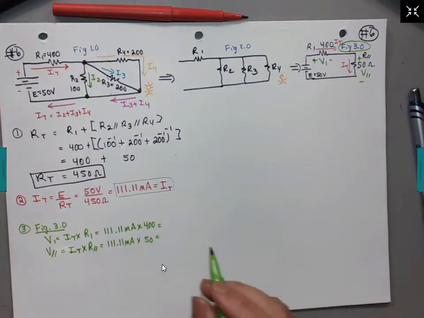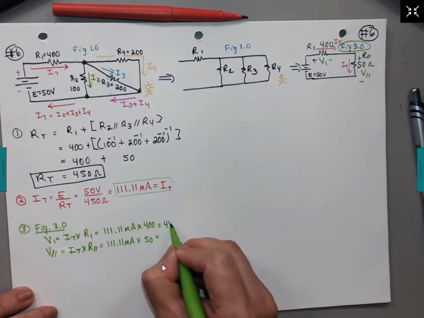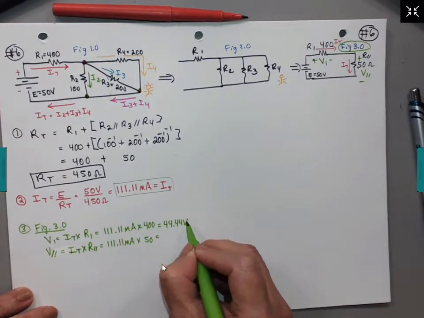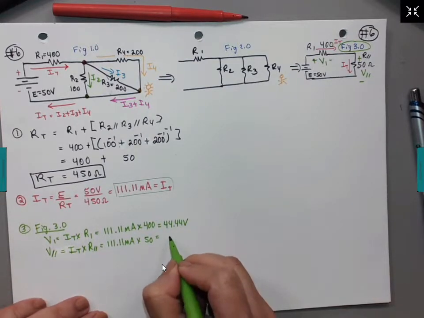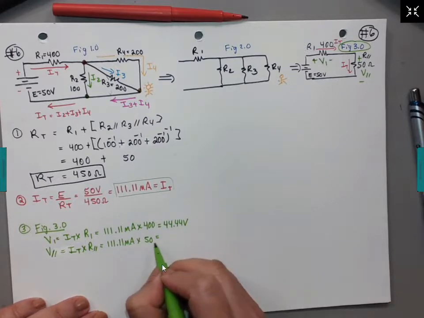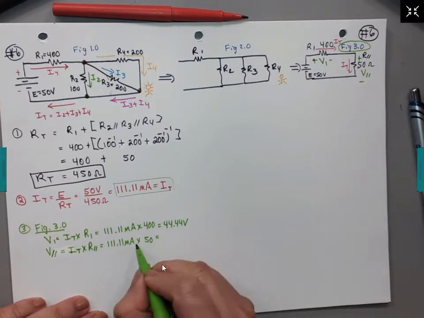So if I multiply those guys, what do I get? 111.11 milli times 400, what? 44.44 volts. And then if I do the next one, what do I get for this one?